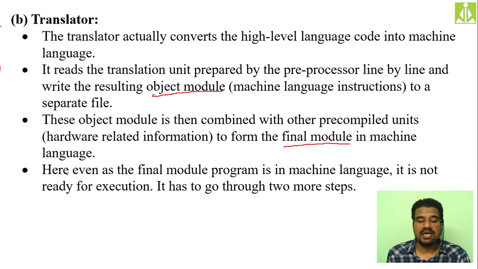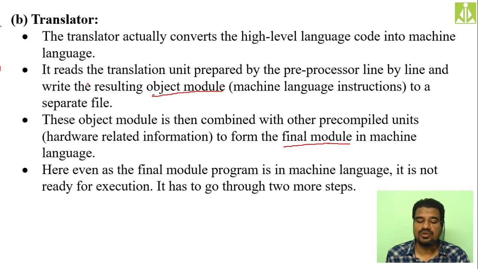Remember this: even though the final module is in machine language, it is still not ready for execution. It has to go through two more steps, because after the compiler we have the linker and the runner. Only at the runner will we get the output.